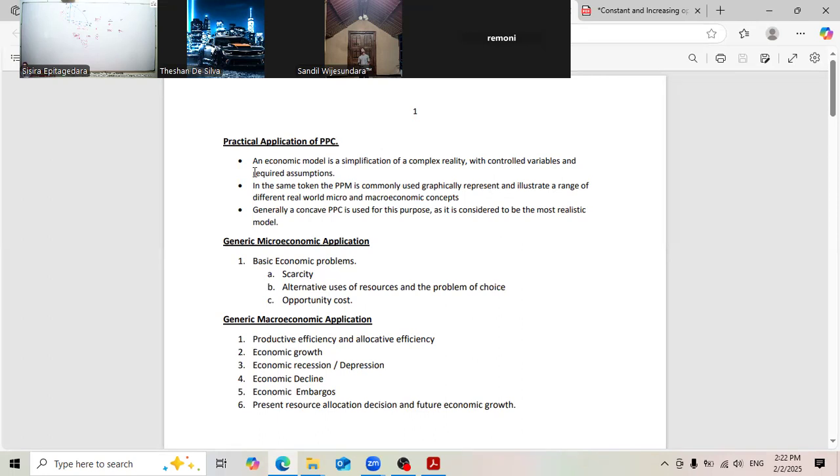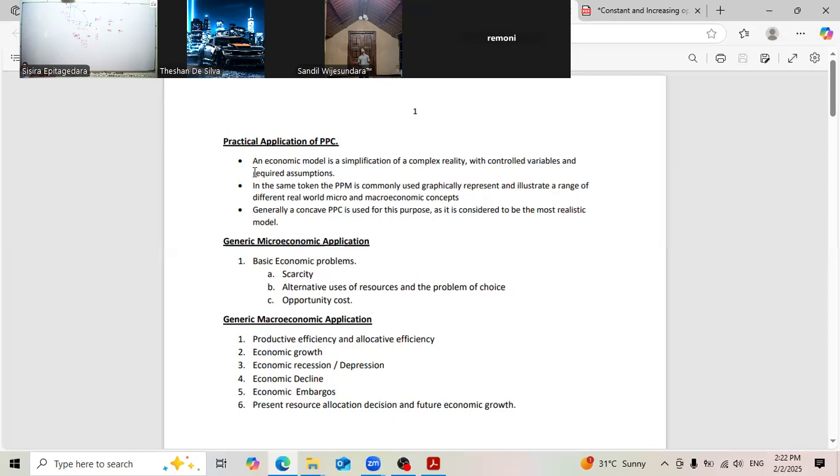Lamai, why do we learn this production possibility curve lesson? Because we can use the production possibility curve for explaining some complicated economic concepts very easily. Is that clear? For example, economic growth is one of the main economic concepts.